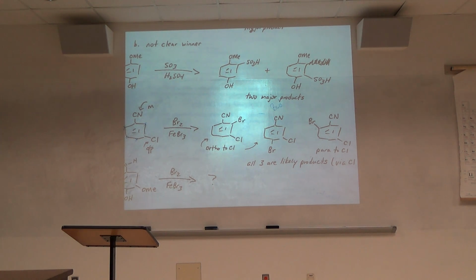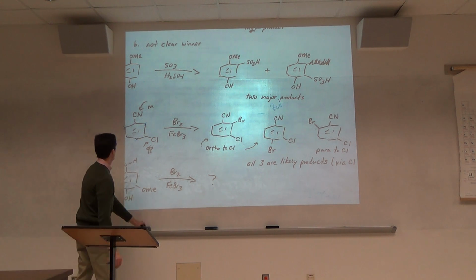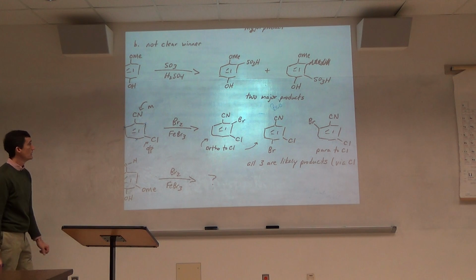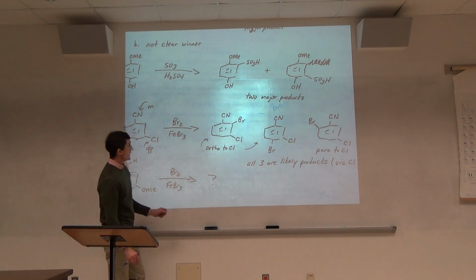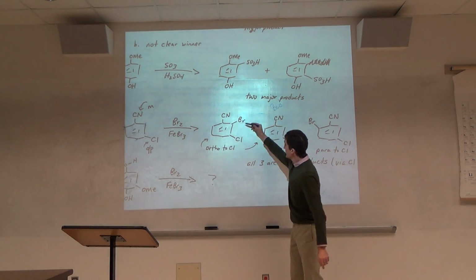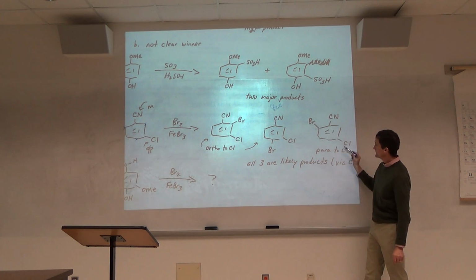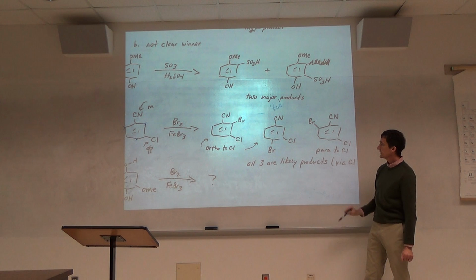The strongest donator, which is which one? Chlorine. Yeah. So the chlorine's going to direct. We can get products where they're ortho to the chlorine, ortho to the chlorine, or para to the chlorine. All 3 are likely.